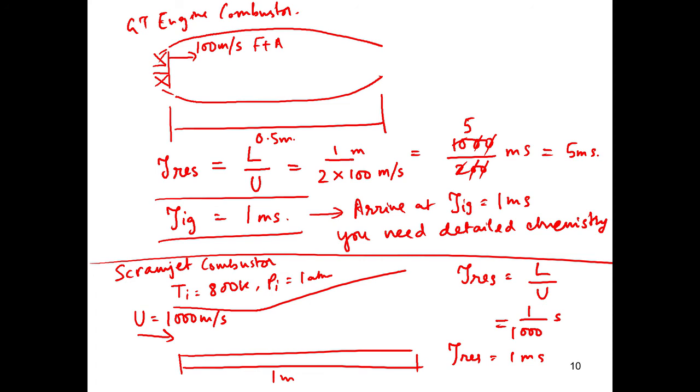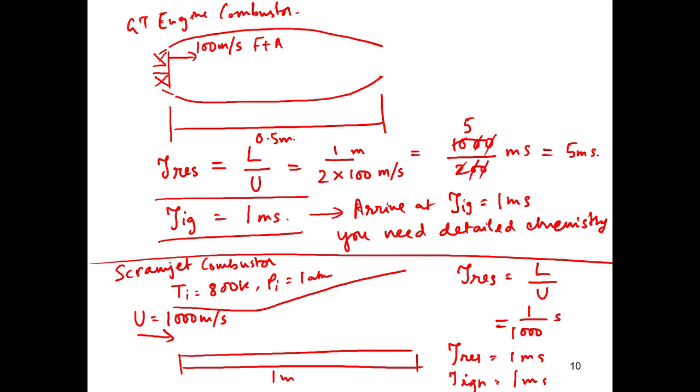You cannot design it properly, you cannot arrive at proper validation until and unless you have enough reactions in your calculation which can predict this ignition delay time of 1 millisecond. And then after you do that, you have to do engineering, and that is why CFD calculations are important.